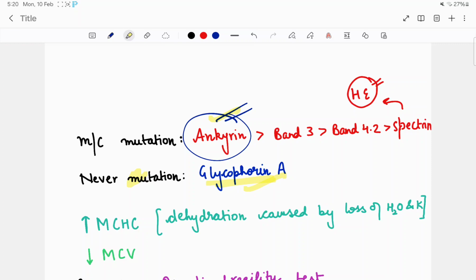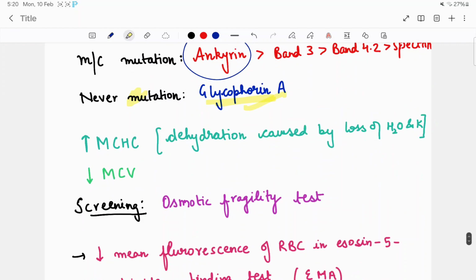So there is now phagocytosis in the reticuloendothelial system. There is decreased surface to volume ratio, so that is why there is increased MCHC. Dehydration is caused by the loss of water and potassium, and decreased MCV. And the screening is by the osmotic fragility test, as these cells are very fragile.